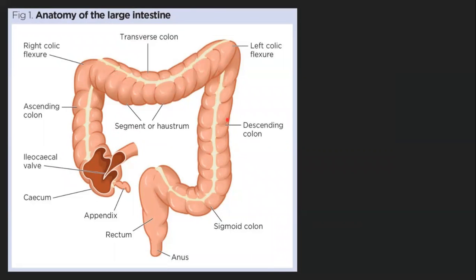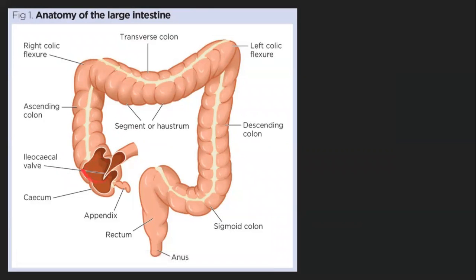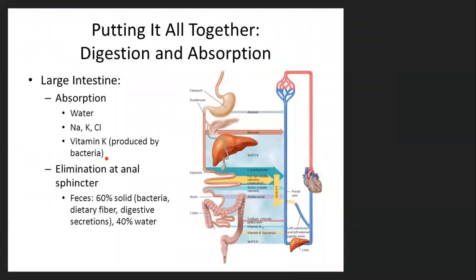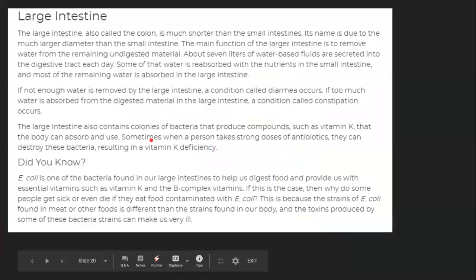And so what's left at the end is relatively dry compared to what went into the beginning of the large intestine. All right? So the large intestine basically absorbs most of the water, right?